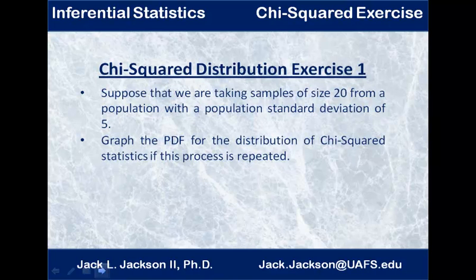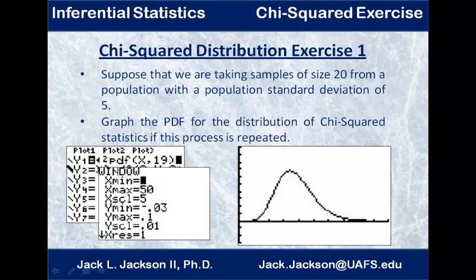Okay, well now that you've done this, you should have done this. We're doing a chi-square PDF, so you go to y equals, put it in, say, y1 or whichever one you want. Let's say y1. And we go to distribution, which is second VARS.